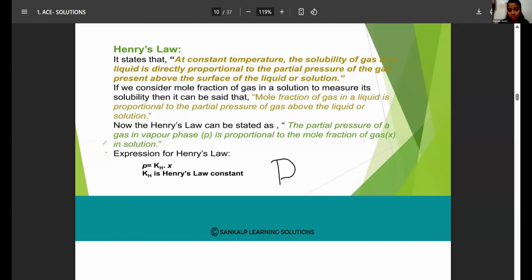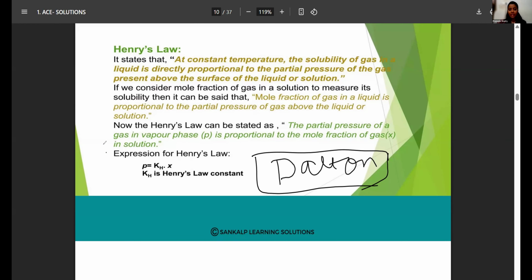There's no need to remember this name, just extra information, I'm giving his name, Dalton. This Dalton added some extra layer on top of Henry's law. He defined the solubility of a gas in a liquid in terms of mole fraction.